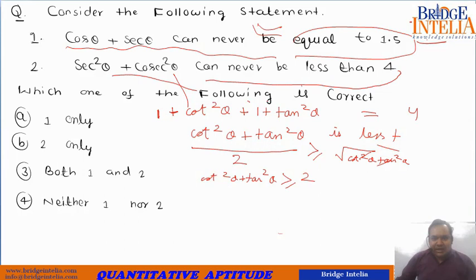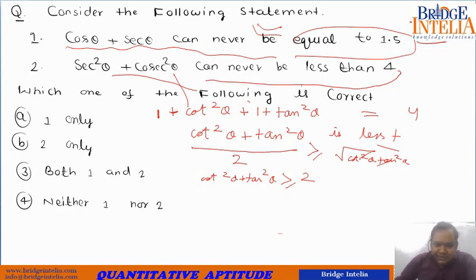Understand, again I am repeating how this second statement has been proved. The second statement could not be proved by keeping these terms as they are, sec square theta and cosec square theta. So sec square theta I have rewritten as 1 plus tan square theta, and cosec square theta I have rewritten as 1 plus cot square theta.